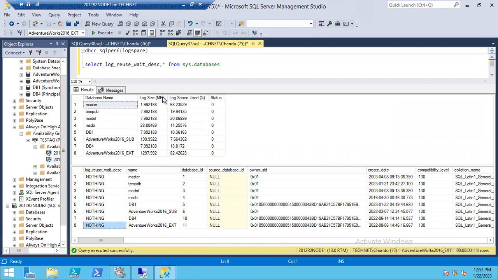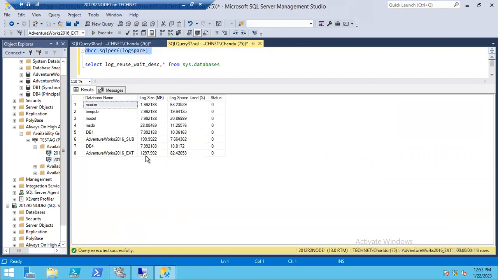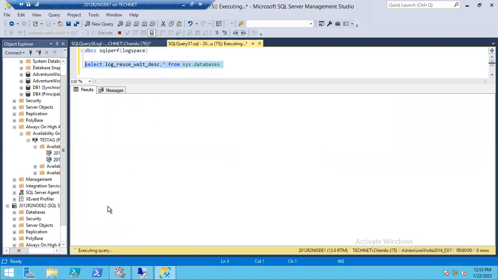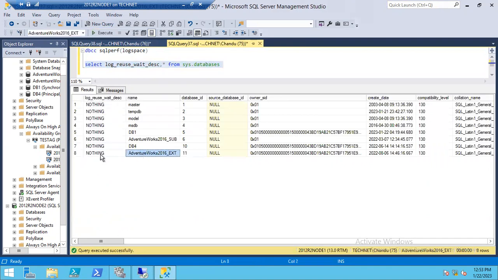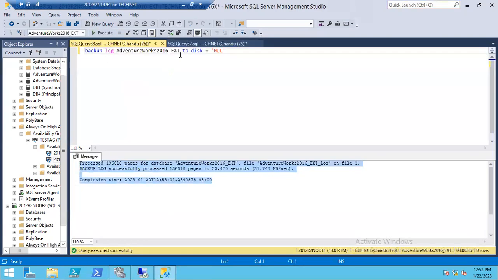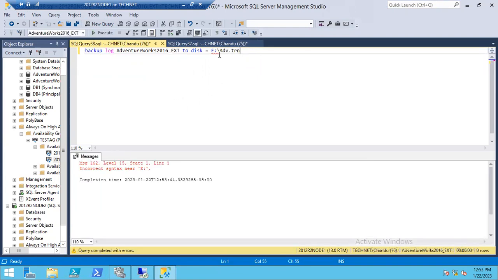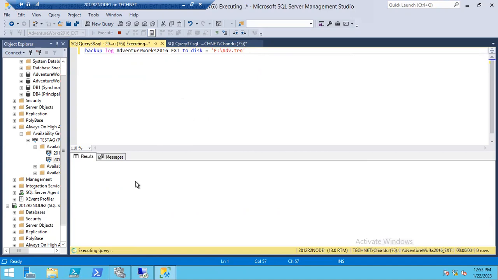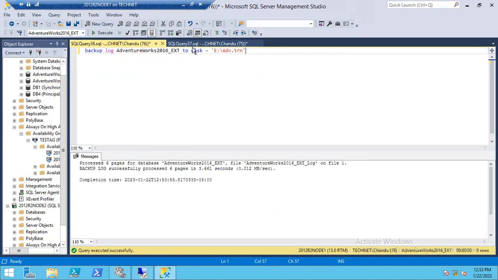Now the log file utilization should be dropped to whatever it is. So this is fine, because log file utilization is showing us nothing now. So it should not be waiting for any logs, right? So if I take a log backup again, maybe that is the reason, like I have taken a log backup with a null device.